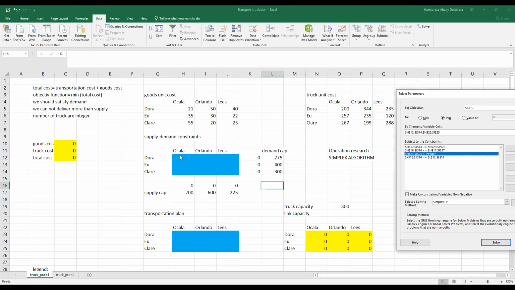If I go back here, the upper blue rectangle shows how many goods I should send. So if the capacity is 600, in the first cell of the blue rectangle I cannot put 800 goods because it's more than the capacity. And it doesn't make sense, maybe because you just need 200, why would you send 800.